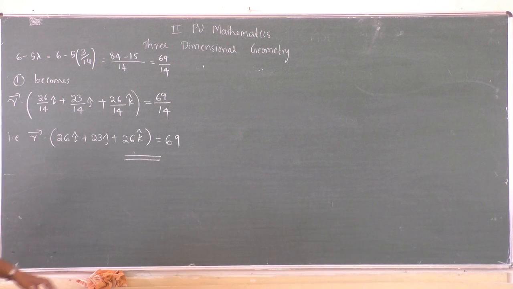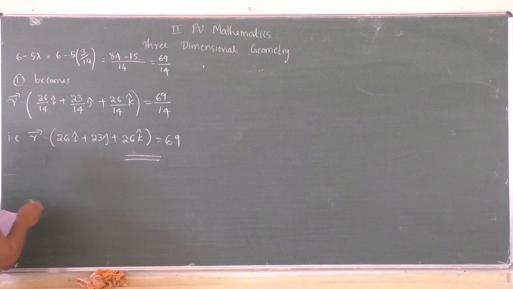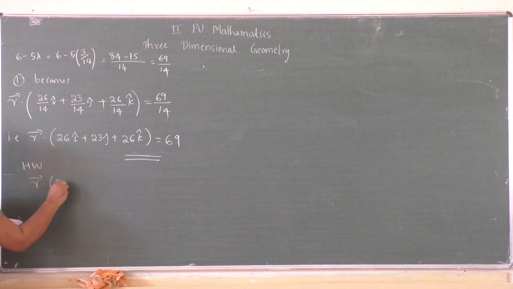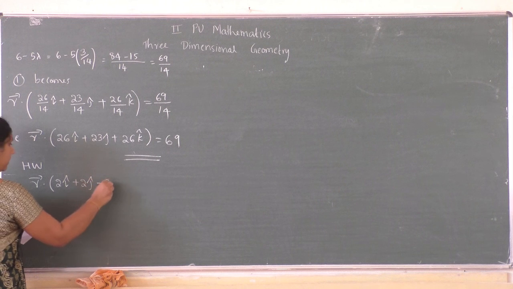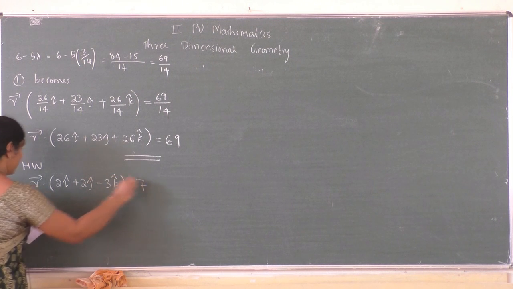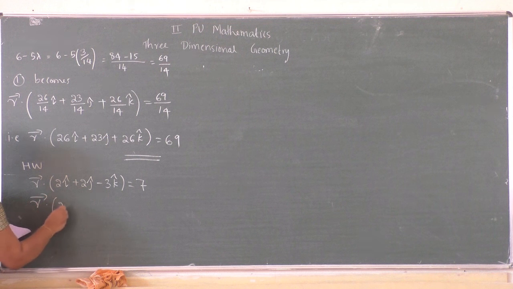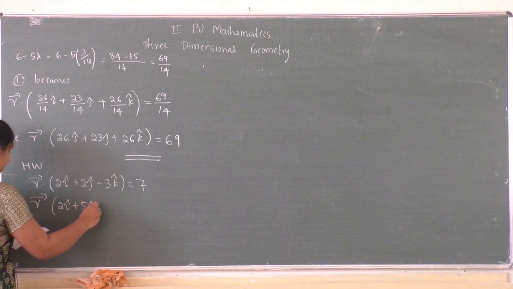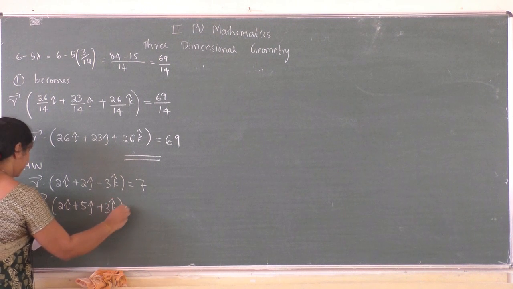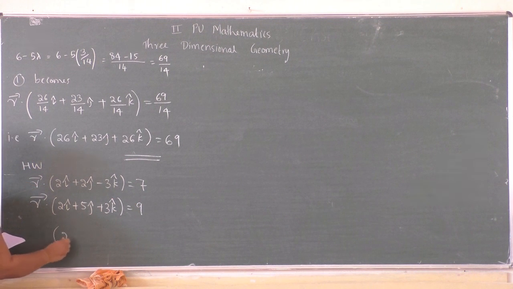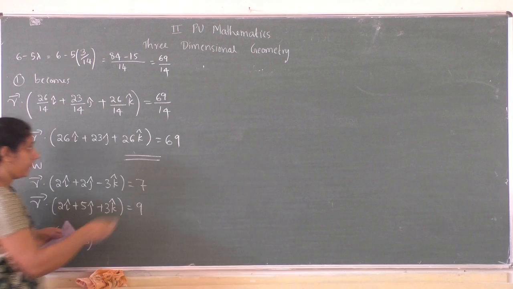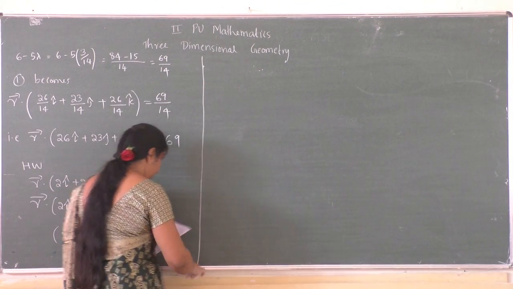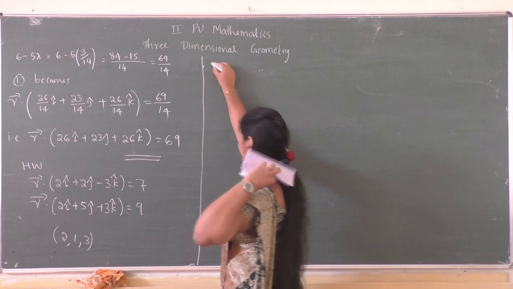So write one homework question. The planes given are r vector dot 2i cap plus 2j cap minus 3k cap is equal to 7 and r vector dot 2i cap plus 5j cap plus 3k cap equal to 9 and the point is 2, 1, 3. Now write the second question.